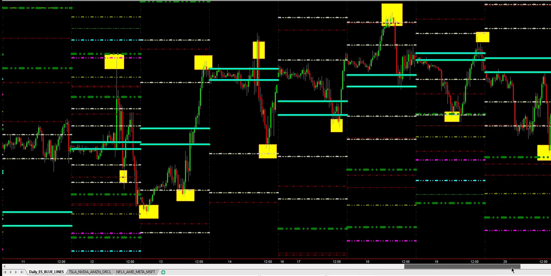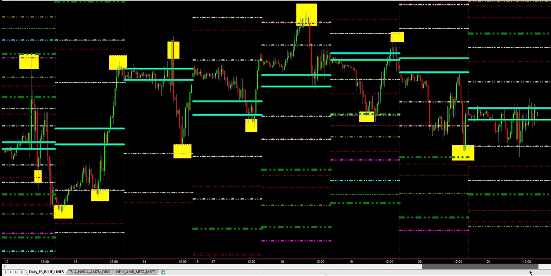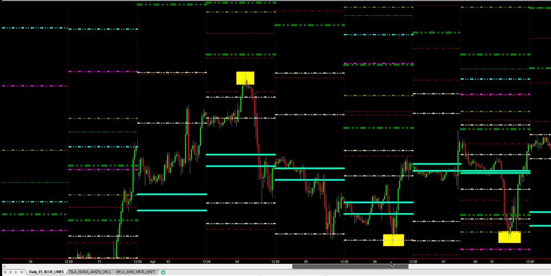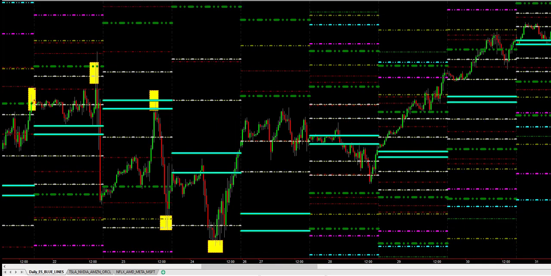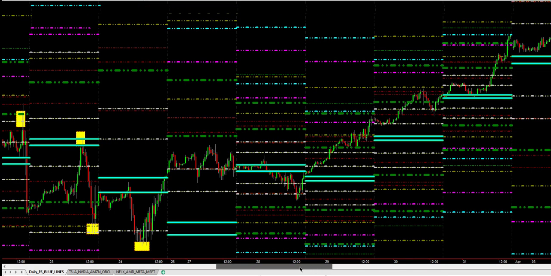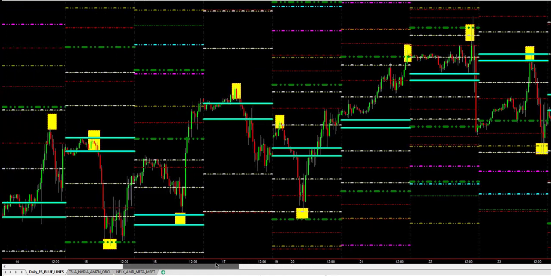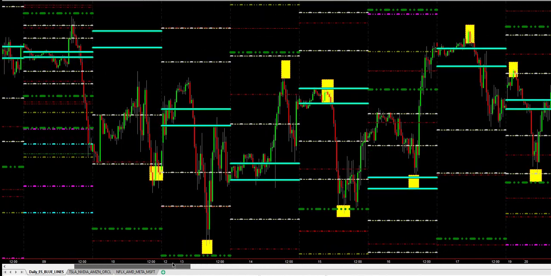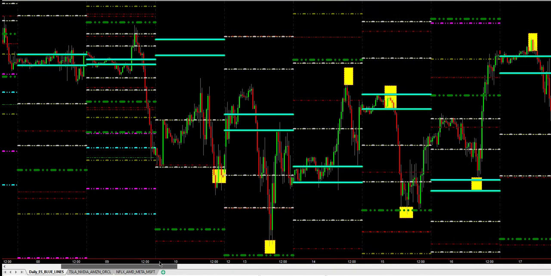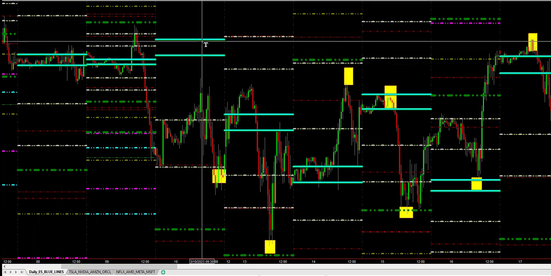How about this is how they were all plotted. Let's do it here. So see how precise the whole thing can change in a moment. Let's apply it here.